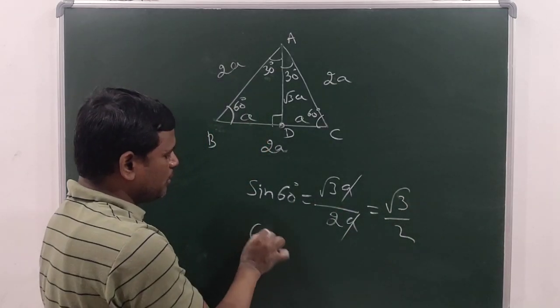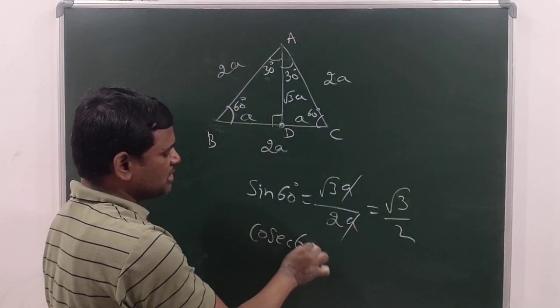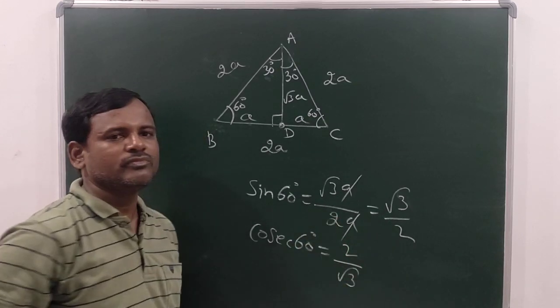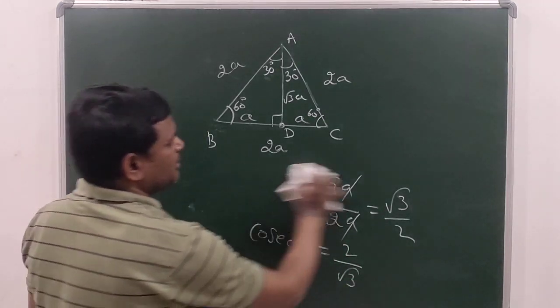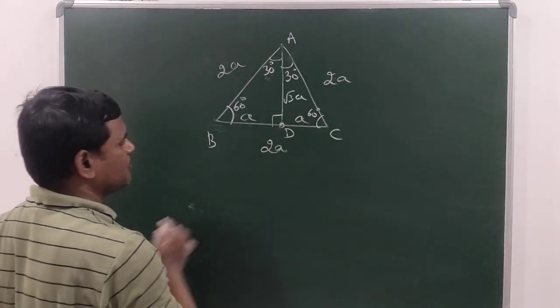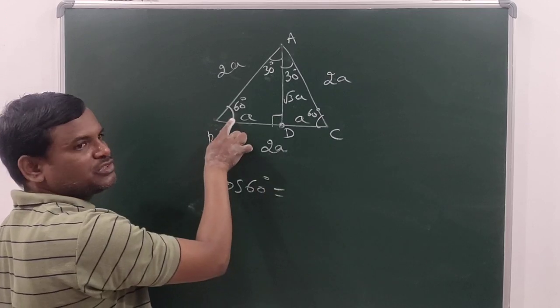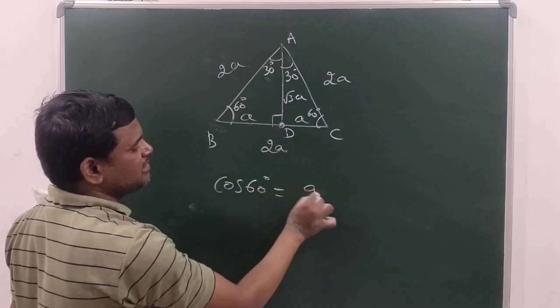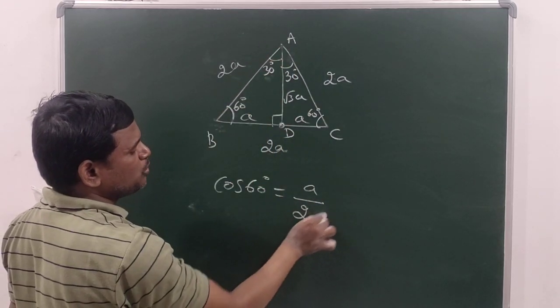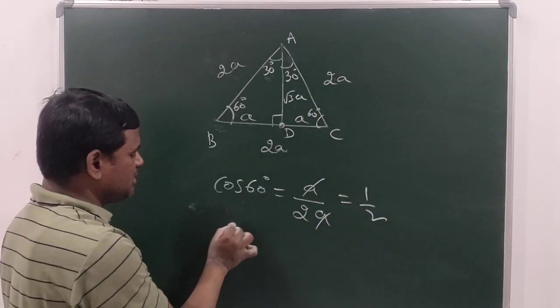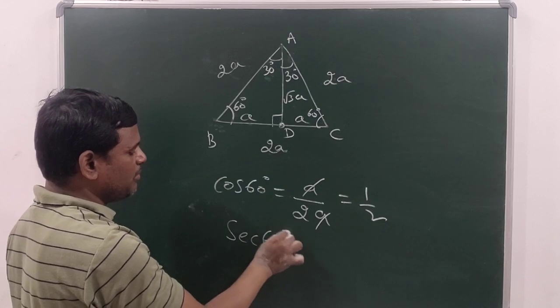Sin 60 is root 3 by 2, so its reciprocal, cosec 60, will be 2 by root 3. Next, define cos 60 degrees. With respect to 60, this is adjacent. Adjacent is a and hypotenuse is 2a. A cancels, 1 by 2. So cos 60 is 1 by 2.